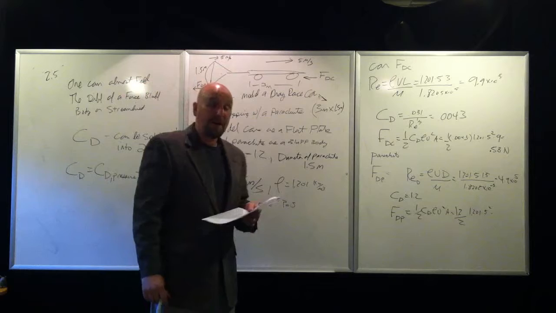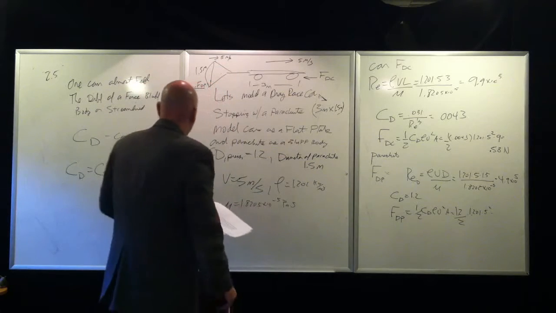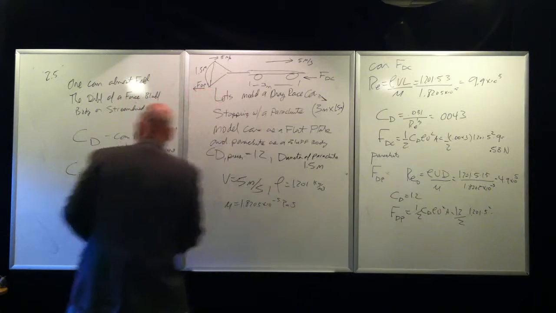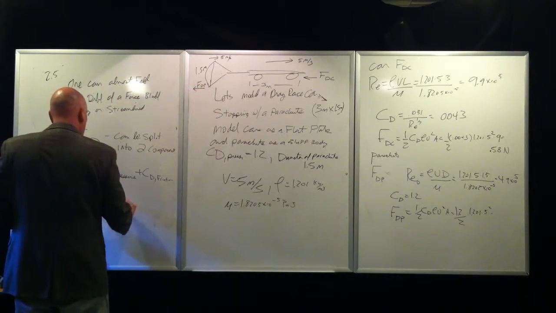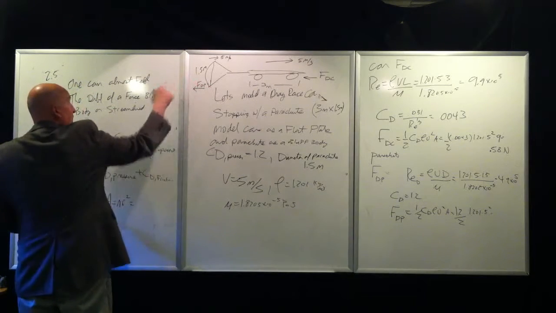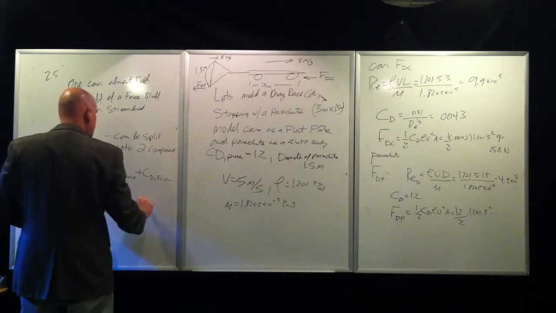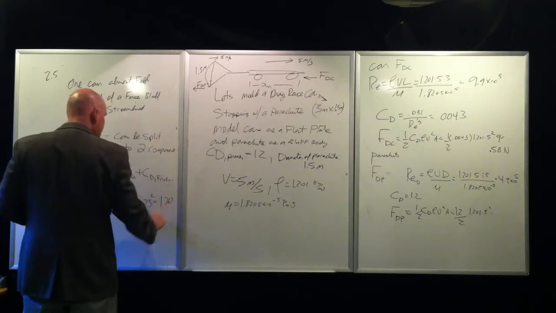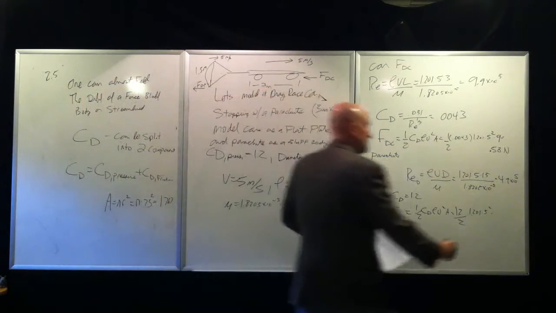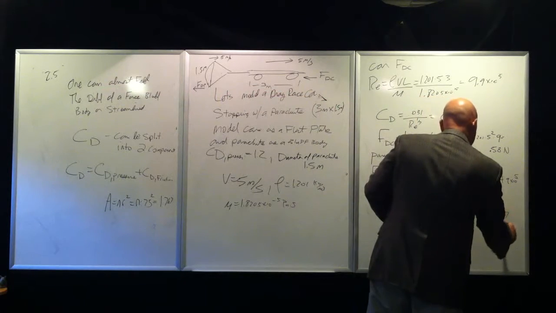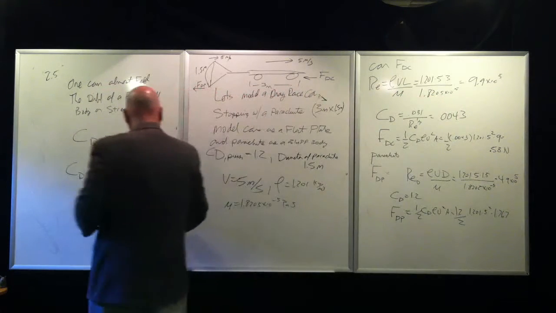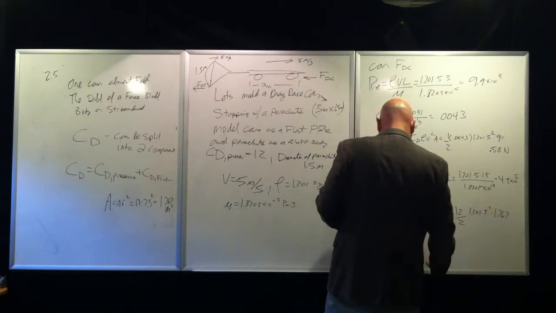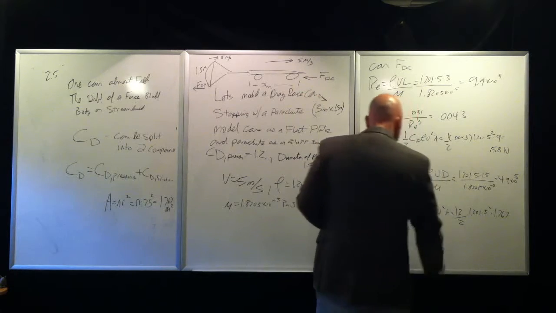The frontal profile of a parachute is a circle, so the frontal profile area equals pi r squared. The radius is 0.75 squared, and you get an area of 1.767 meters squared. Therefore, you get a force of 31 newtons.